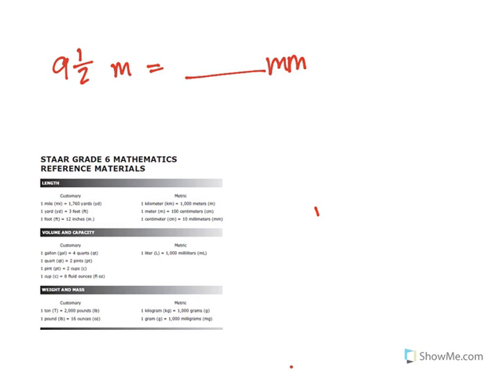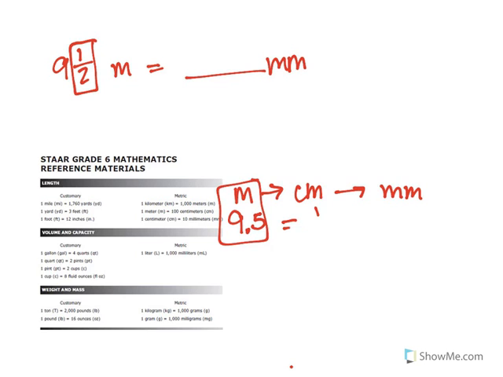I have to go from meters to centimeters, and then from centimeters to millimeters. According to the problem, I have 9 1/2. Again, because this is a fraction, let's turn it into a decimal. 9 1/2 means 9.5.